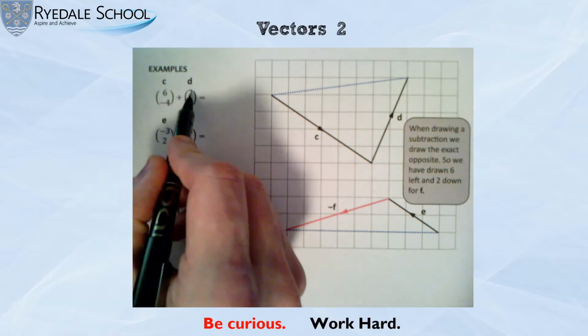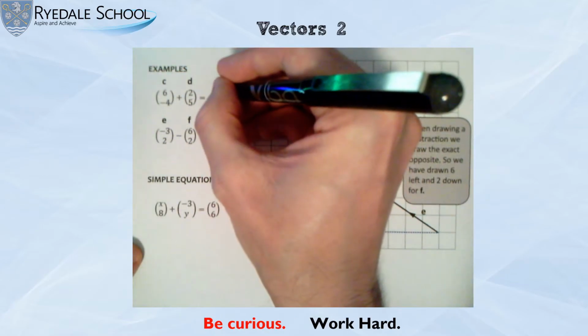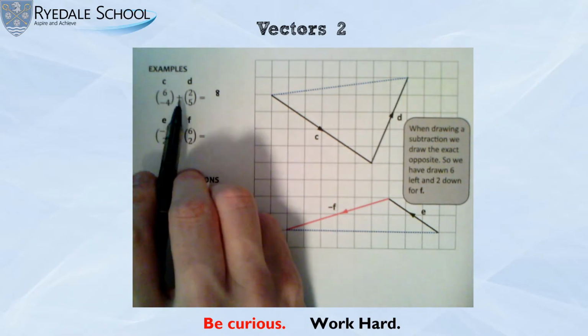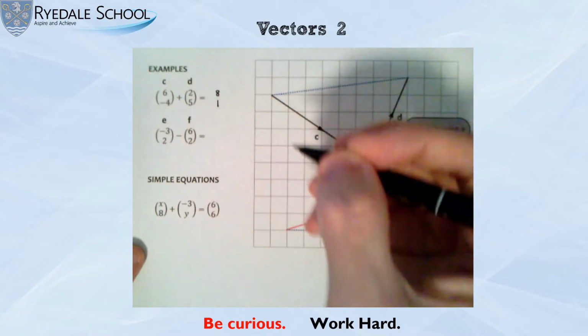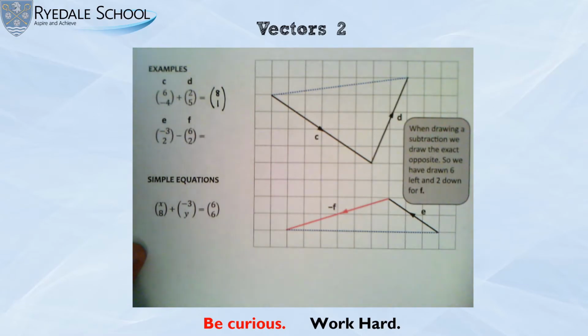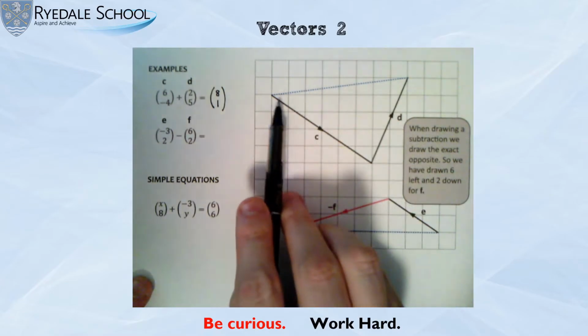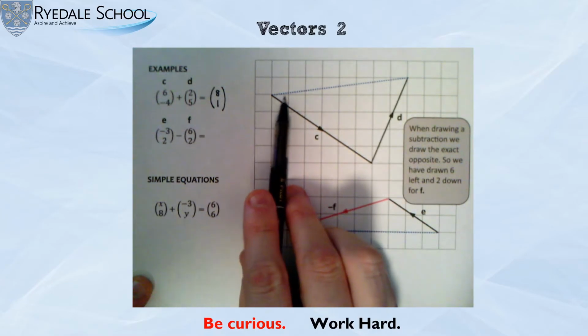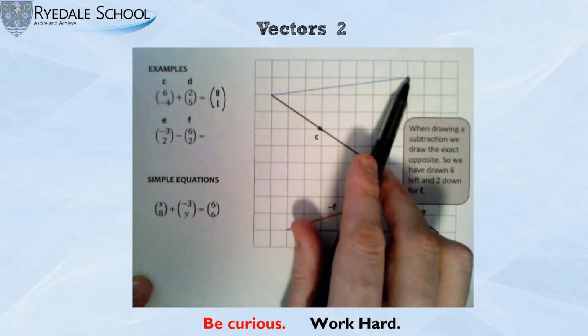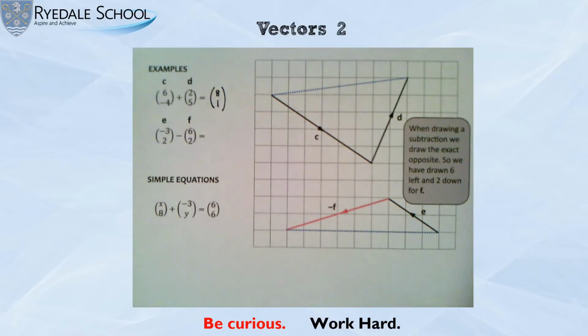So, adding the x components, 6 plus 2 is 8. And adding the y components, minus 4 plus 5 is 1. So I'm saying C add D equals 8, 1. Let's see if that's true on the diagram. So this blue vector is 8 along and 1 up. That is 8, 1. So we've now seen an addition done twice.